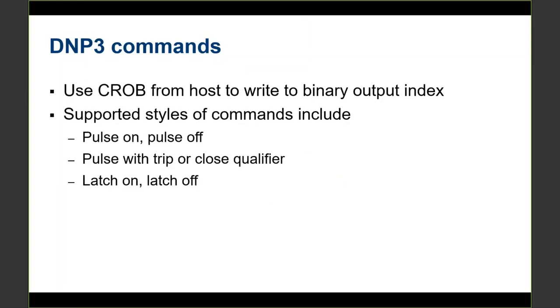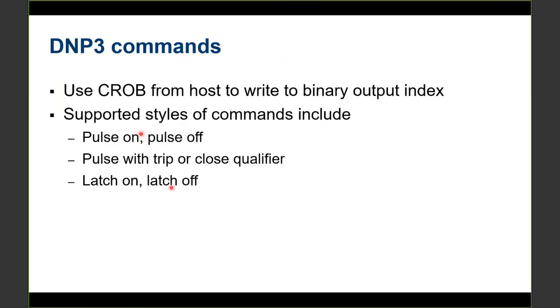Typically, the push on commands are sent by the master station using a specific index to do one specific thing. For example, if the master station wants to open and close a breaker in a relay using push on commands, it should send one command to a specific index to open the breaker and another one to close the breaker.